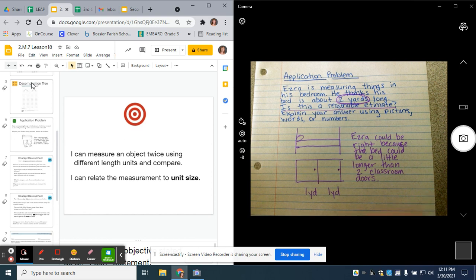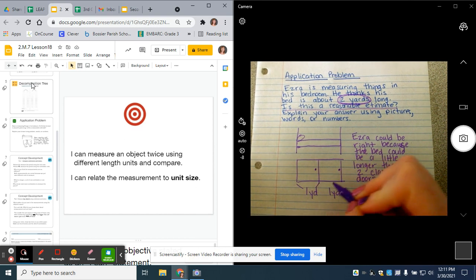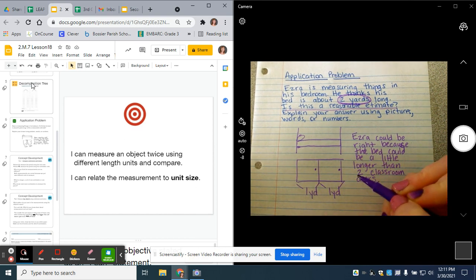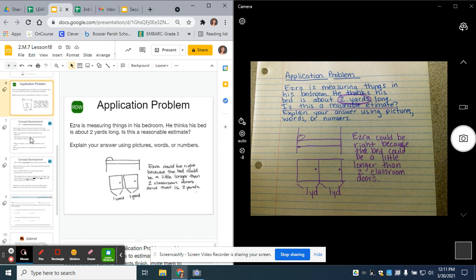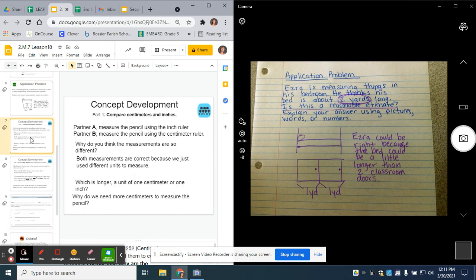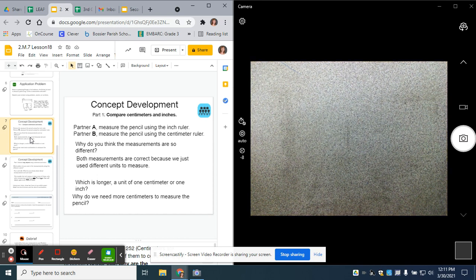It could be. He could be right. We don't have an evident way to prove it without having any other measurements in this case. So let's move to our lesson.